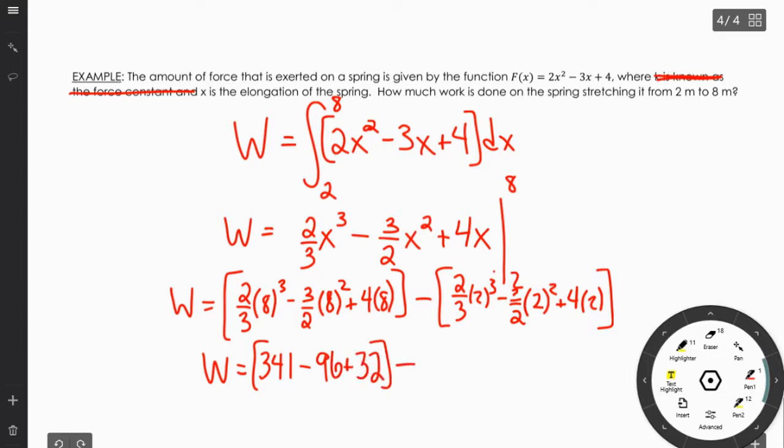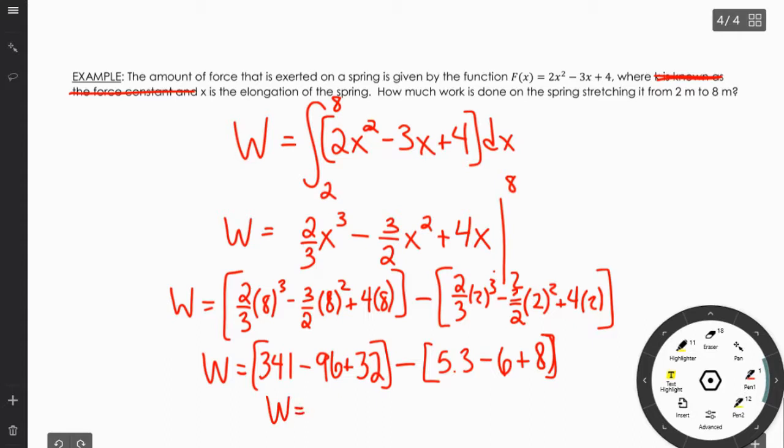Minus 2/3 times 2 cubed, so it's 5.3, minus 3/2 times 2 squared, which is 6, plus 4 times 2, which is 8. Okay, and so we got 341 minus 96 plus 32.